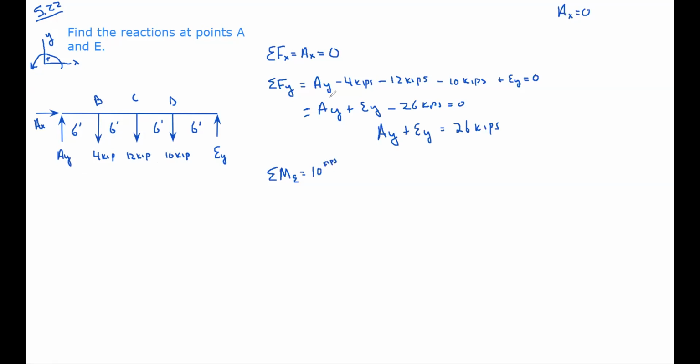Ooh, that's horrible handwriting. I can't even read that. 10 kips times 6 feet. 12 kips times 12 feet, 12 feet being the distance from point E to where the force at point C is being applied. 4 kips times, you guessed it, 18 feet, the distance between point E and where point B is being applied, plus AY, which is an unknown force, times 24 feet, the distance between AY and point E, is equal to 0.